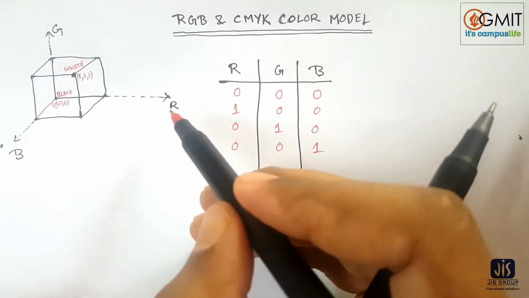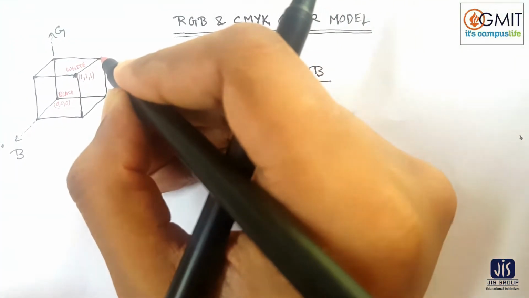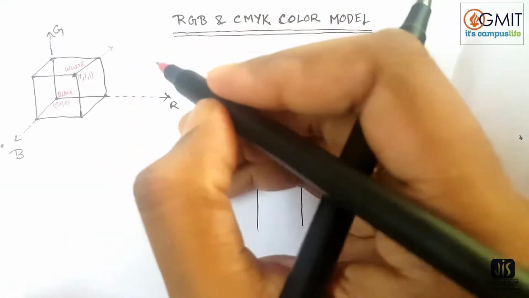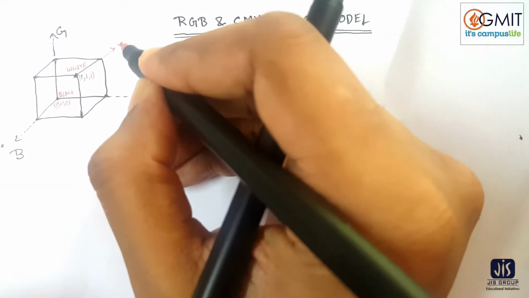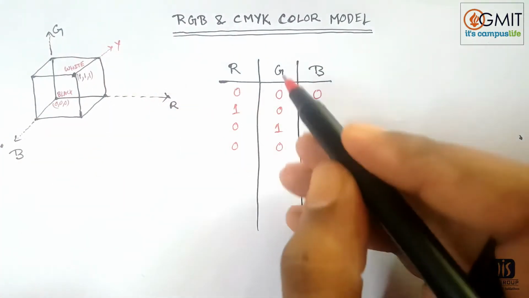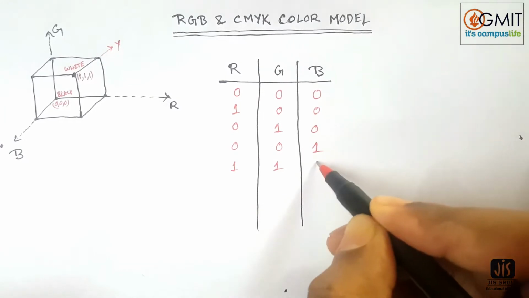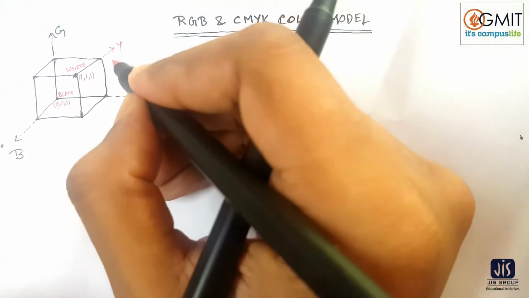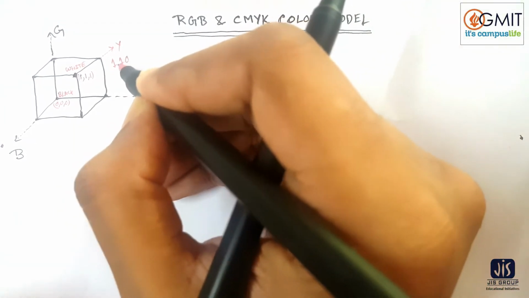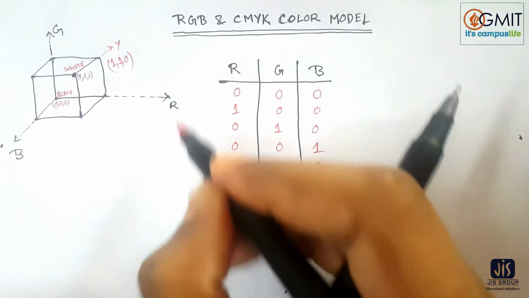Now if we mix red and green, then we get this. This is actually yellow color. Red and green must be mixed, so red and green must be 1 and blue must be 0. So the coordinate is 1, 1, 0. Clear?